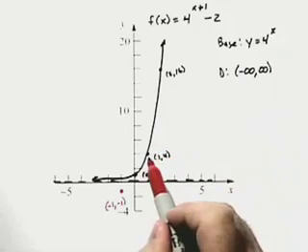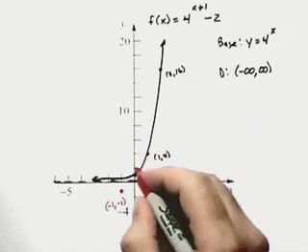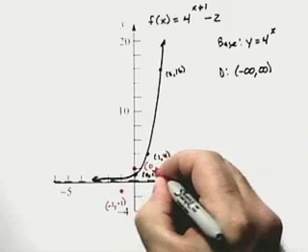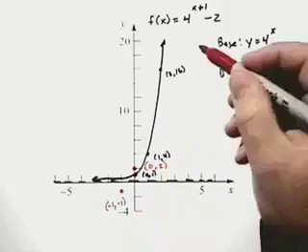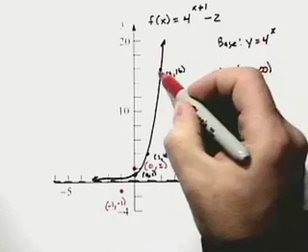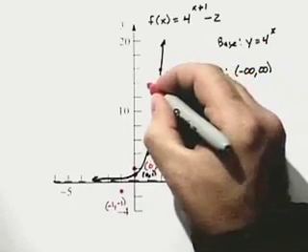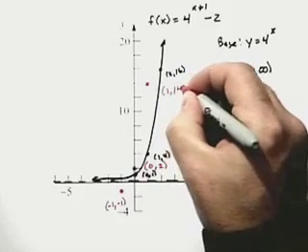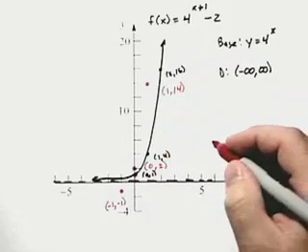Starting with the point 1, 4, we go left 1 unit, down 2 units. We get the point 0, 2. From 2, 16, we go left 1 unit, down 2 units, to the point 1 comma 14.